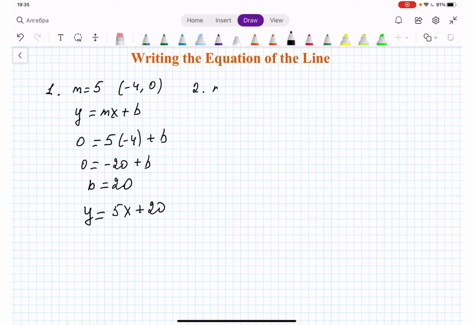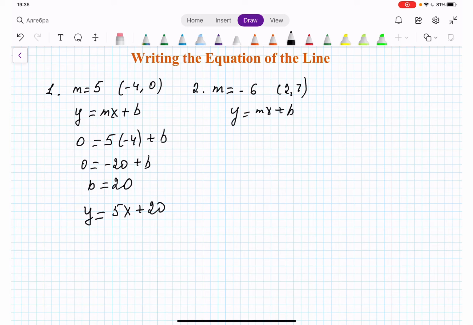So m is equal to -6, and we have the point (2, 7). We need to find the equation that passes through the given point and has the slope. All right, the same way, x is 2, y is 7. y is equal to mx plus b.